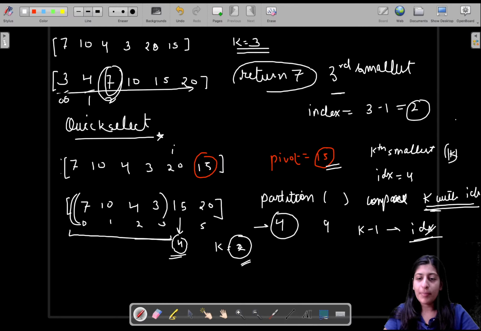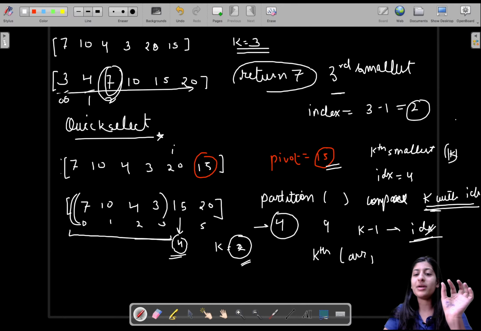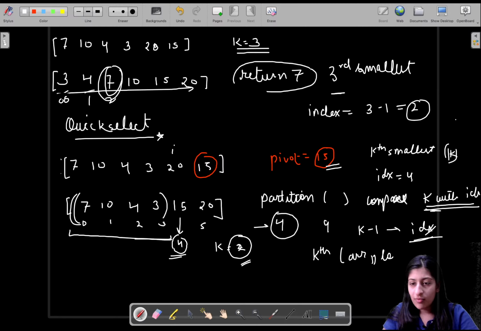So now you will pass again this kth function for same array, just that your range will get changed. Low will be low, that is the lowest index. Your high index earlier was this index, now it will become your partition minus 1 index. So you can make it as idx minus 1 because you have stored it in idx.